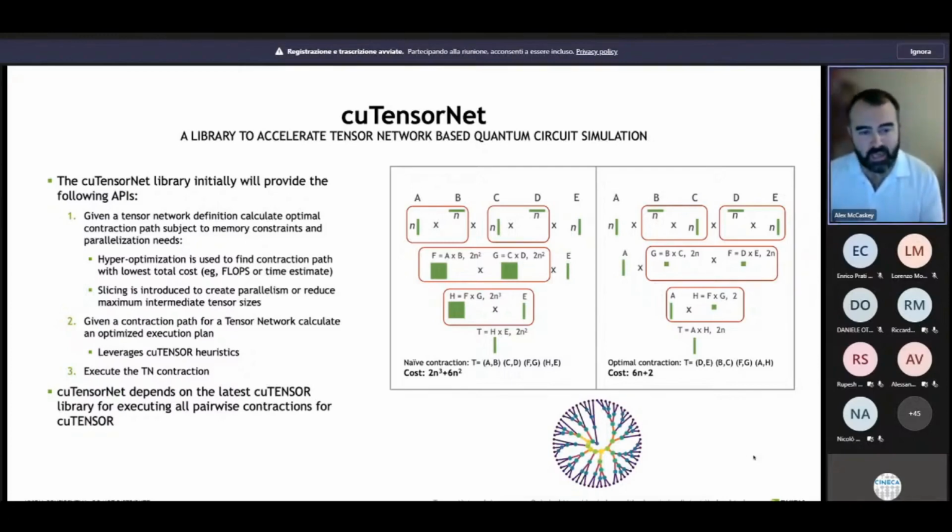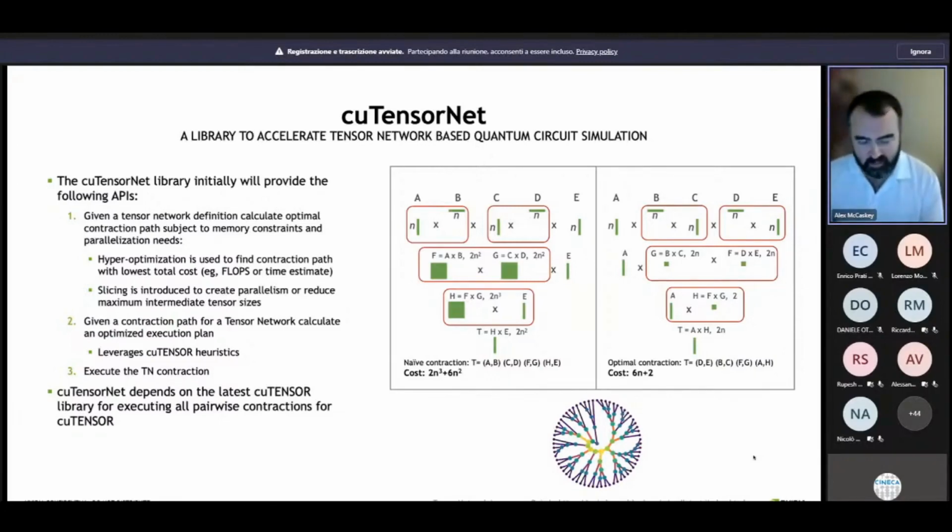It'll provide an API for calculating optimal contraction paths, subject to memory constraints and parallelization needs. Hyper optimization is used to find contraction paths with the lowest total cost, where the metric here is like flops or the time it takes to compute this. Under the hood, QTensorNet is leveraging the QTensor library, which is another one of the math libraries coming out of NVIDIA.